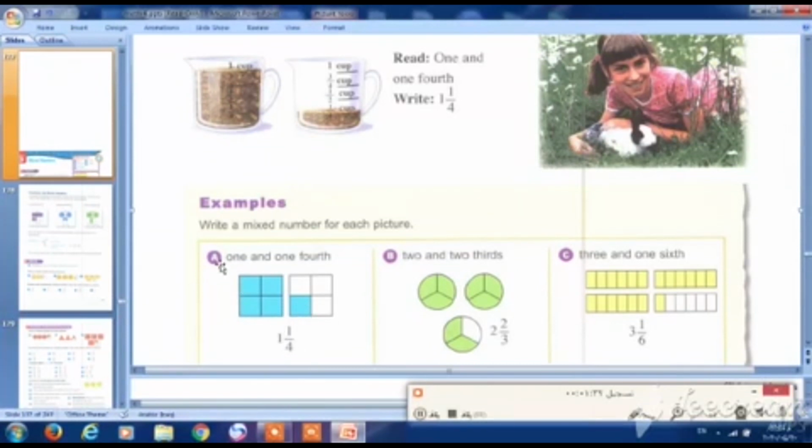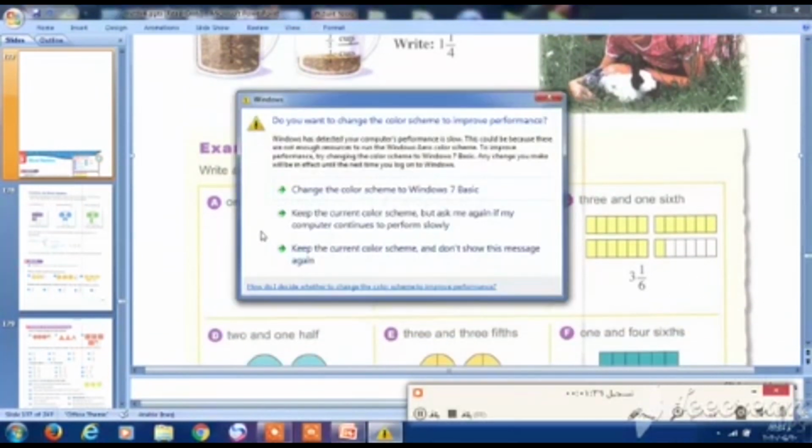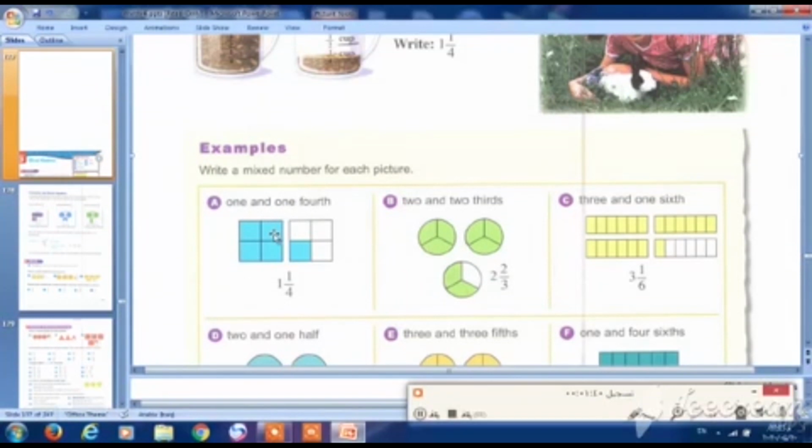Now let's look at this example. We have letter a, 1 and 1/4. We have 1 whole, all colored, so it's a whole. And from the other one we have 1 colored part out of 4 parts, 1 out of 4, so it's a mixed number. Look at this one, we have 2 and 2/3.